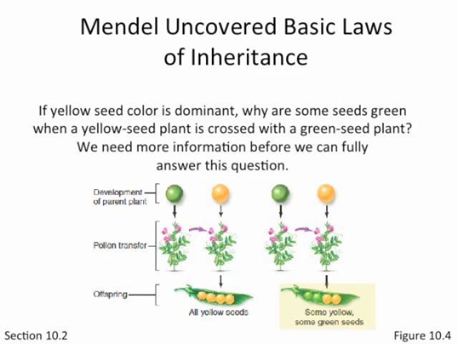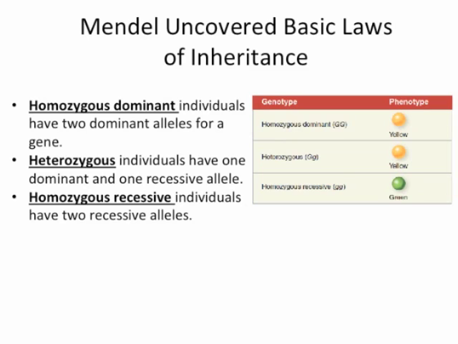Okay, so individuals have 2 alleles for each gene because they have 2 homologous chromosomes, right? So this is what I kind of started drawing here. You can have 2 copies of the dominant allele.